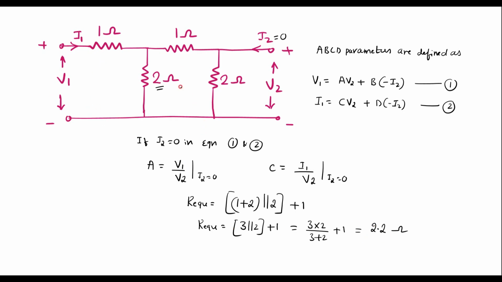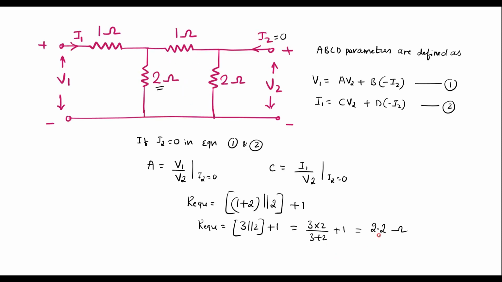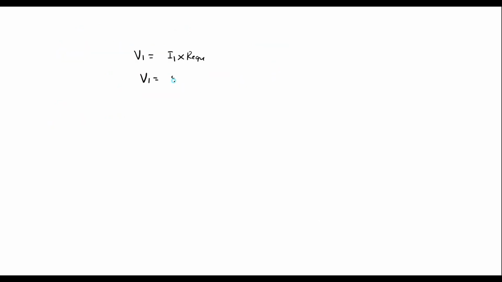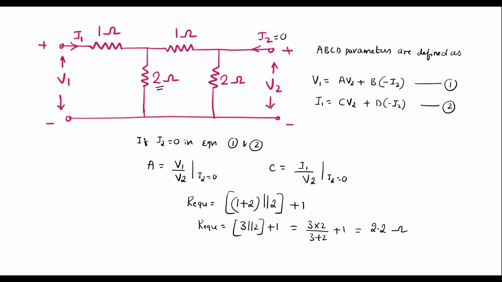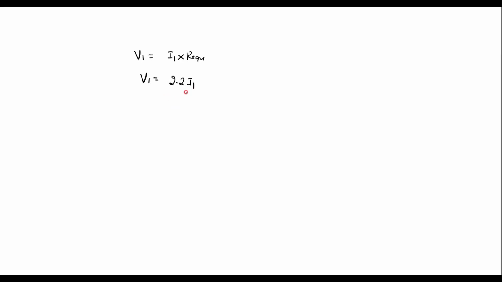Now we know that V1 will be equal to I1 into R equivalent. Therefore V1 is 2.2 I1. So we found V1, which is equal to 2.2 I1.